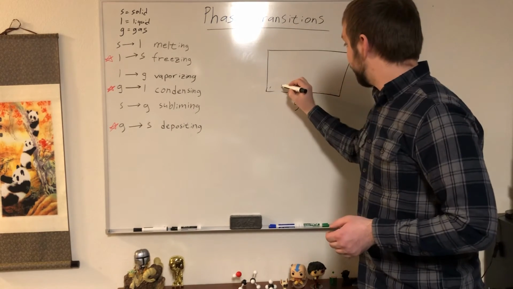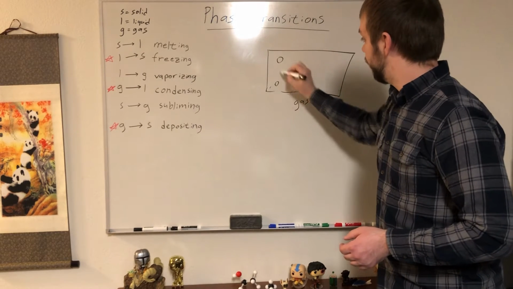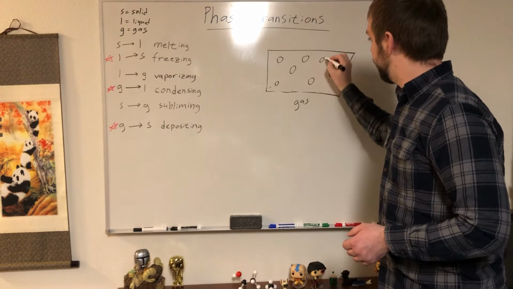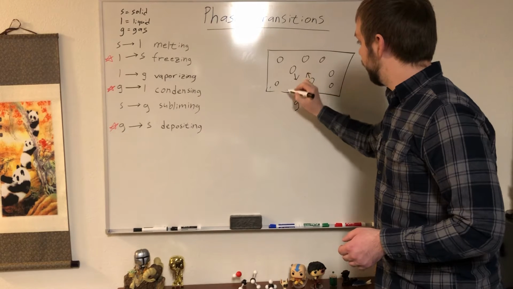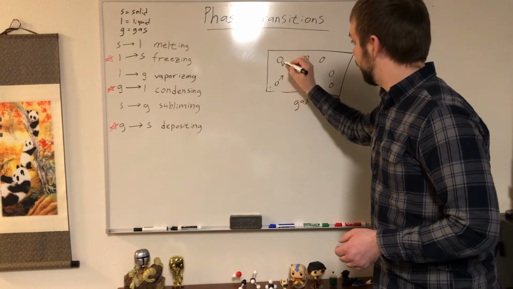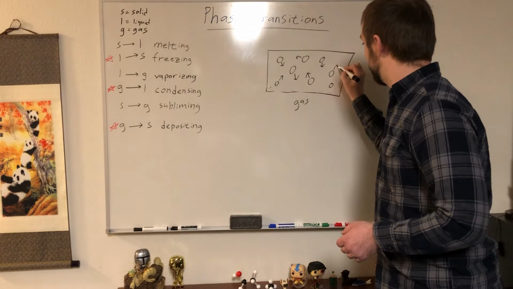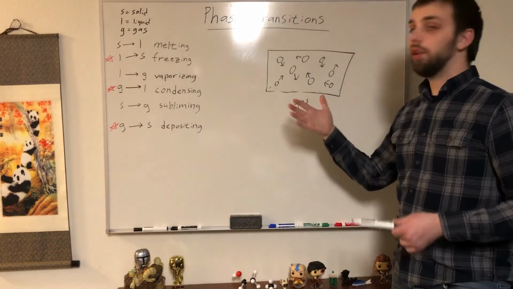And in the gaseous state, so if this is like a closed box, the gas molecules will spread around and they'll be moving around all over. So a gas will fill a container.